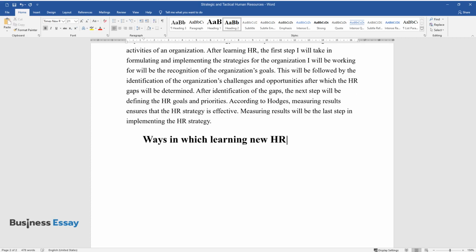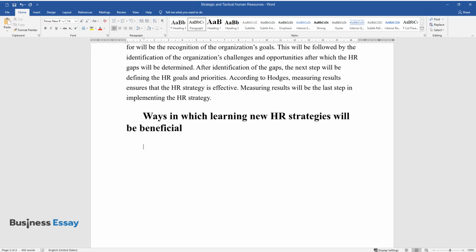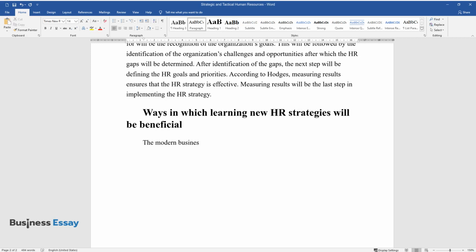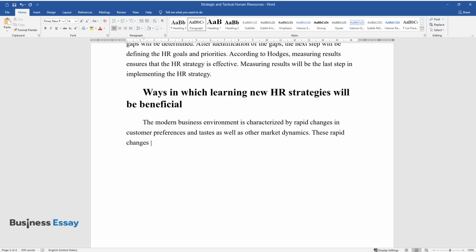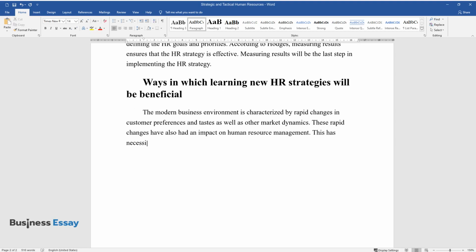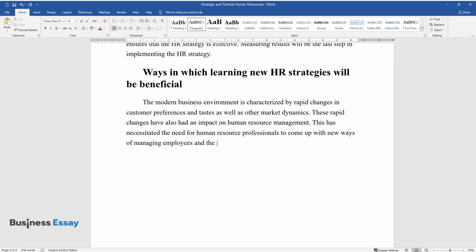Ways in which learning new HR strategies will be beneficial. The modern business environment is characterized by rapid changes in customer preferences and tastes, as well as other market dynamics. These rapid changes have also had an impact on human resource management. This has necessitated the need for human resource professionals to come up with new ways of managing employees and the talent they bring to organizations.